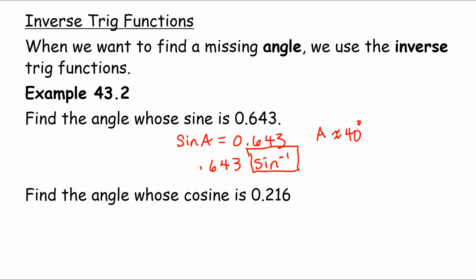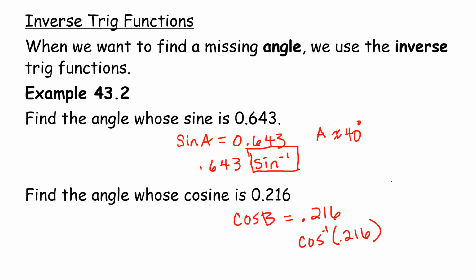So if I want to find the angle whose cosine is 0.216, what I'm asking is, okay, cosine of some angle, I'll call it B, is 0.216. If I want to figure out what B is, I have to take the inverse cosine of 0.216. So cosine inverse of 0.216.